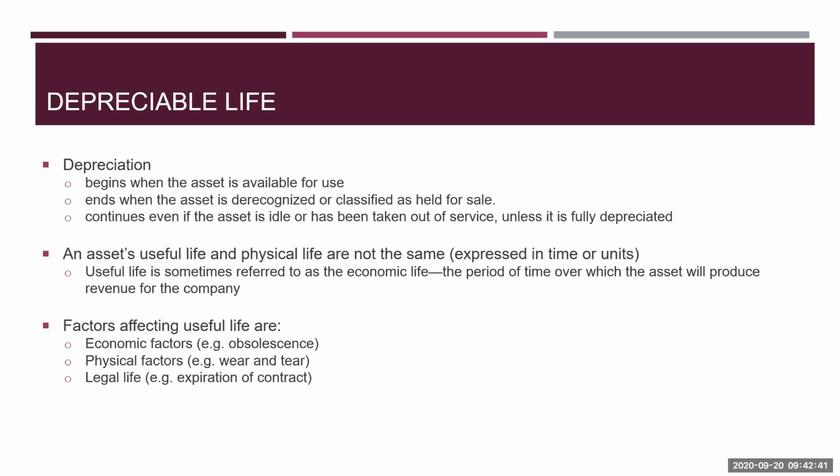The legal life comes into play more so when we are looking at intangible assets, but that's not to say that it doesn't exist in the PP&E world. It does exist. It really depends on the type of the asset, but it can be more pronounced in the intangible world.